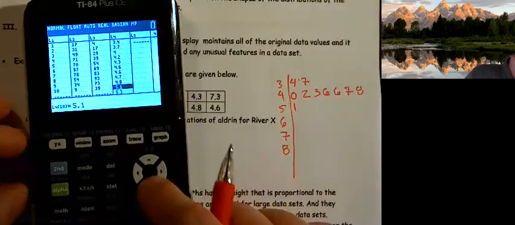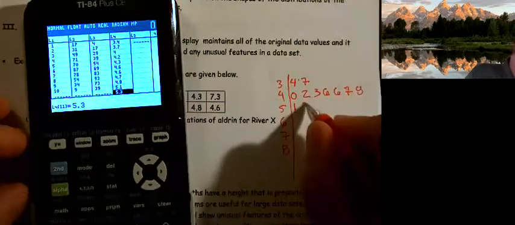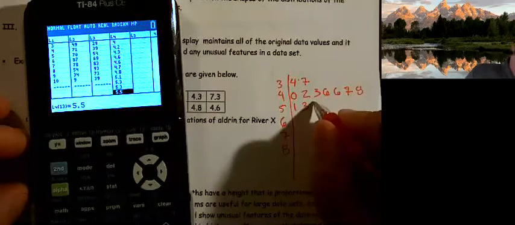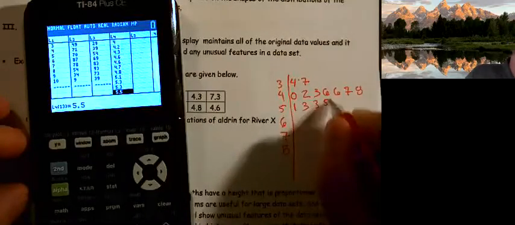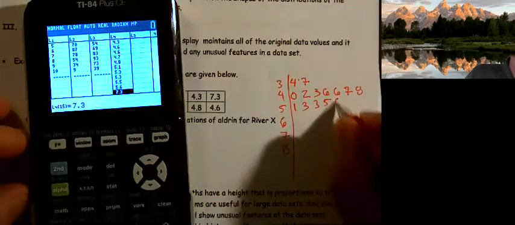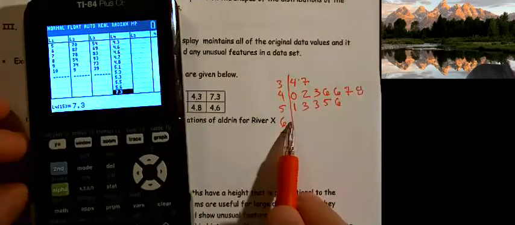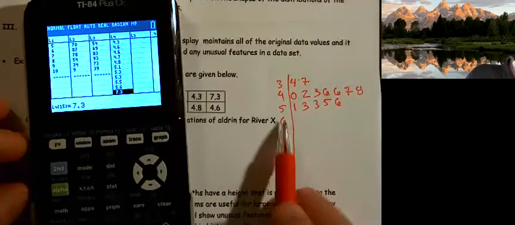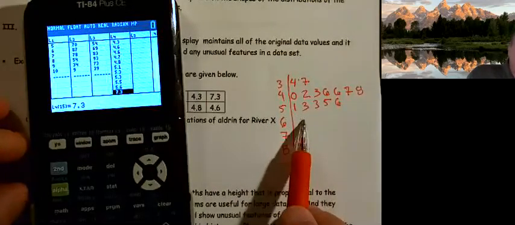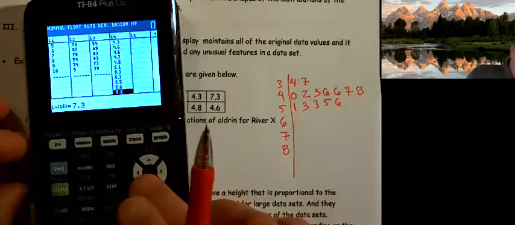5.1, 5.3, another 5.3, a 5.5, a 5.6. Now, there's nothing on 6s, right? Because there's nothing on 6s, I'm not going to have a value there. I'm not going to put a 0. There's nothing there, all right?